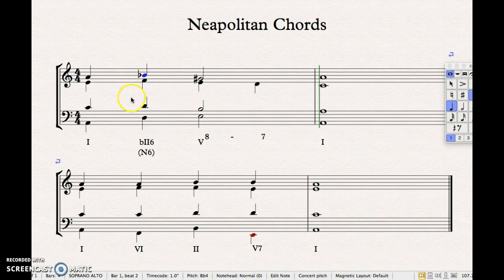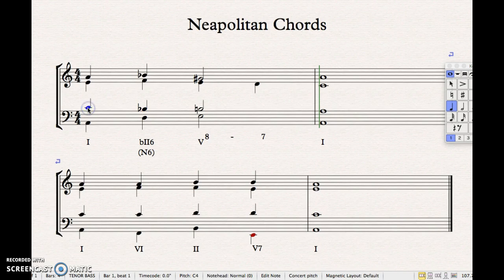Now, if for some reason you find yourself doubling the root, it is possible. It's not completely unheard of. It doesn't create any voice leading problems. If you find yourself doing that, especially in the context of a modulation or something, then that is simply inflected up to Re.